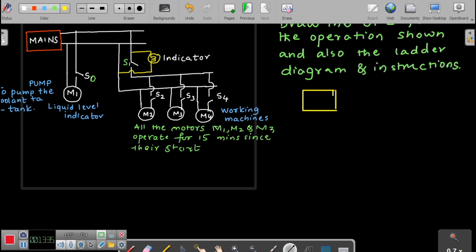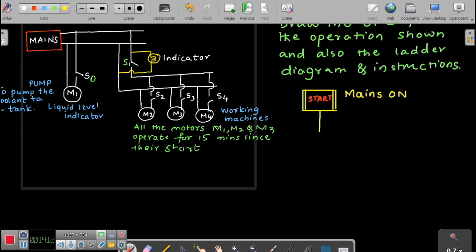The start block always has a double entry here in the column. So what I will write here is mains on. This is from where I start. Next, here you will have a transition.